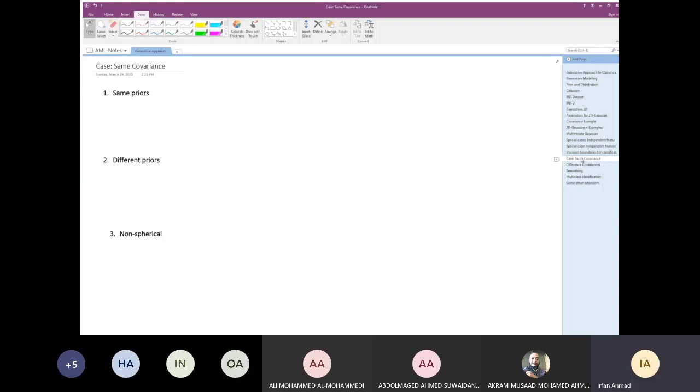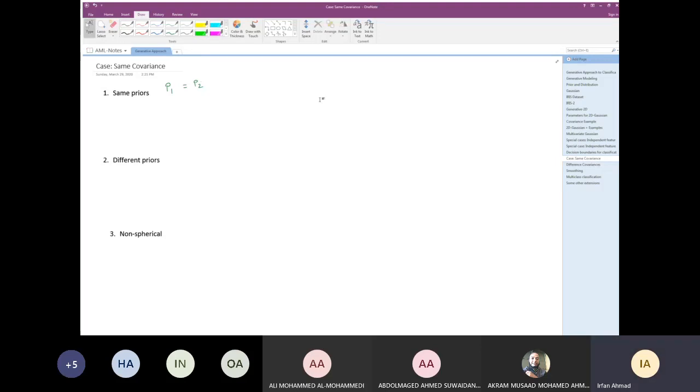Assuming binary classification, the covariance matrices of both the classes, sigma 1 and sigma 2, are the same, and assuming the priors are the same, pi1 equals pi2. What type of decision boundary do you get? What do you think?